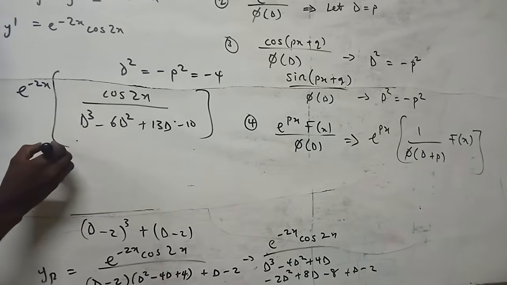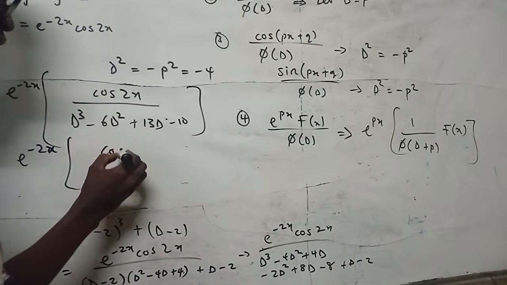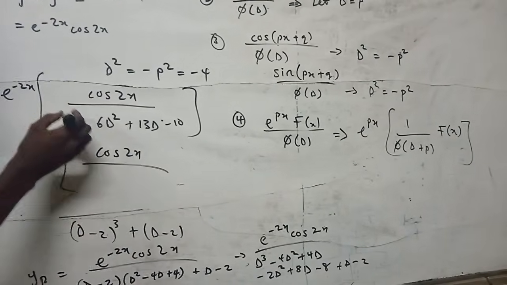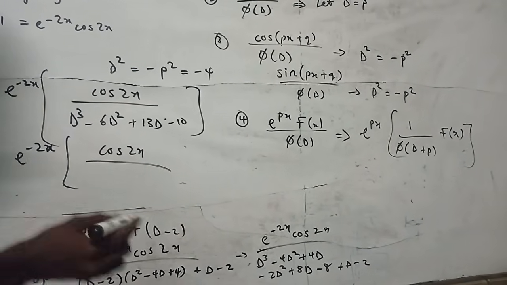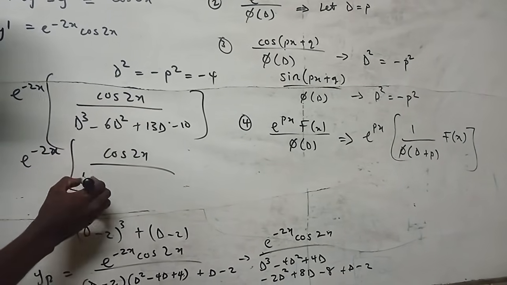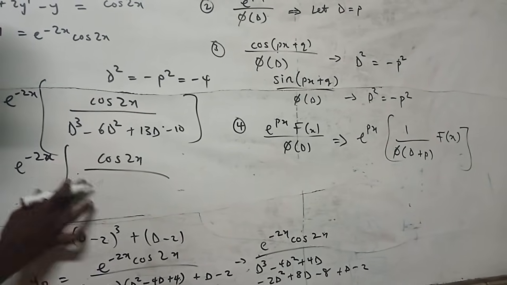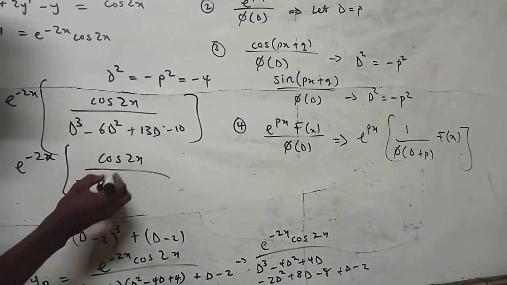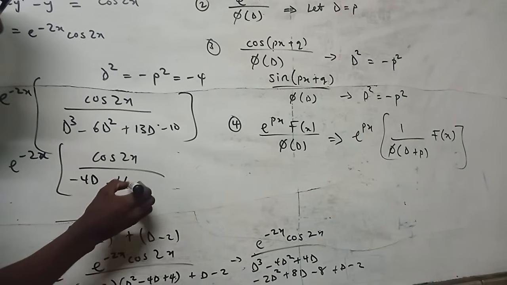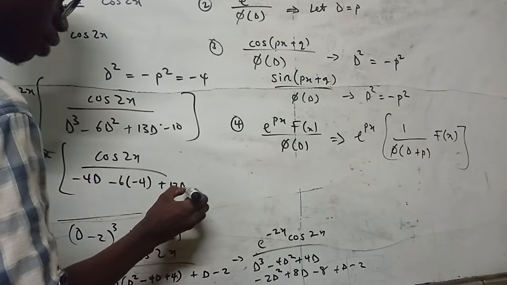So we have e minus 2x cos 2x over, this is d squared, so this is now d times d squared. So d squared is what? Minus 4. So I have minus 4d here. Minus 4d minus 6 into bracket minus 4, plus 13d minus 10.